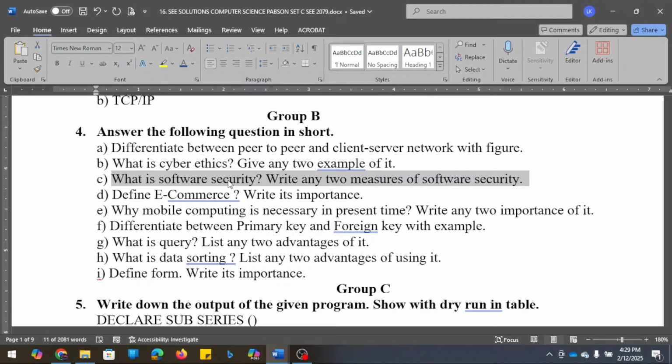Next, software security can also mean not using pirated software.